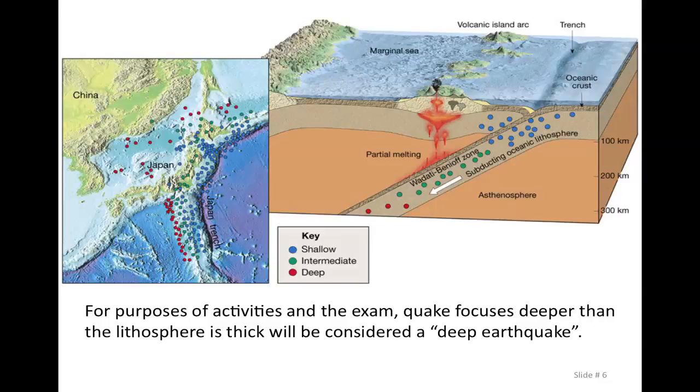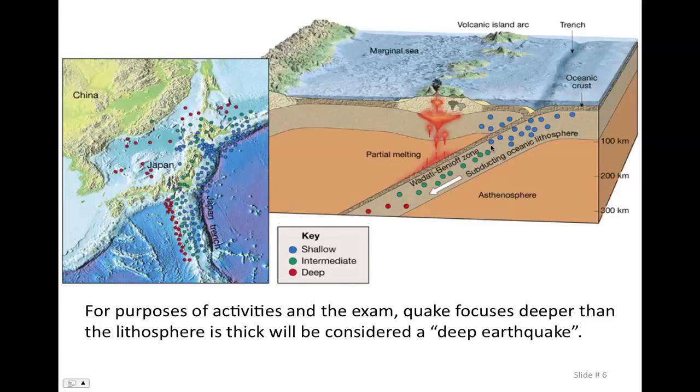And epicenters are always the map projection of the earthquake from depth. Earthquakes always happen at some sort of depth, whether it be really shallow or really deep in the situation of a subduction zone. Subduction zones are the only places where you're going to get intermediate or deep earthquakes.